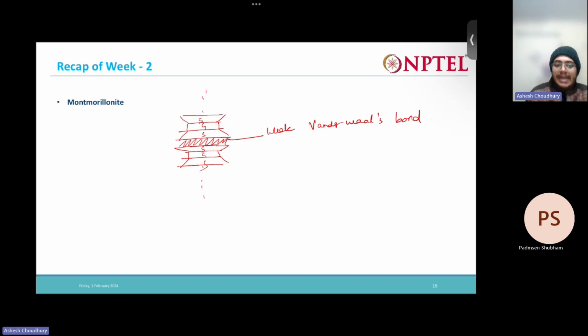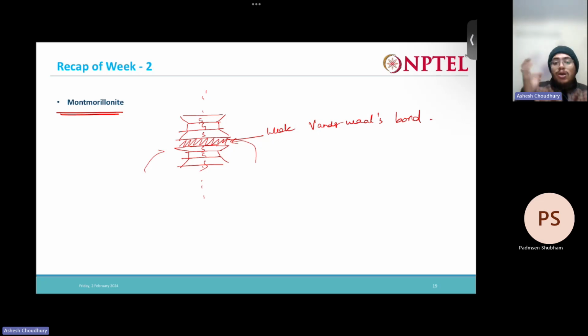So what happens to the clays that are formed from montmorillonite minerals? They can absorb water on their surface and swell to a large amount.